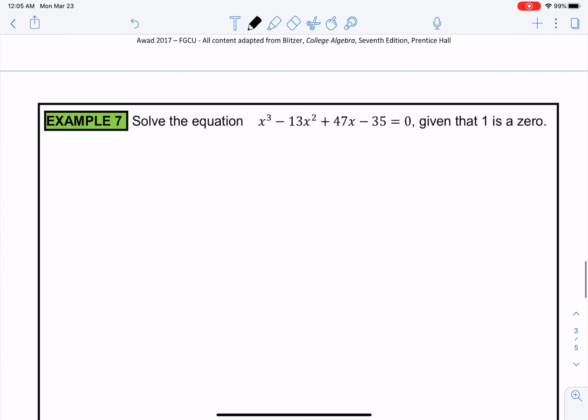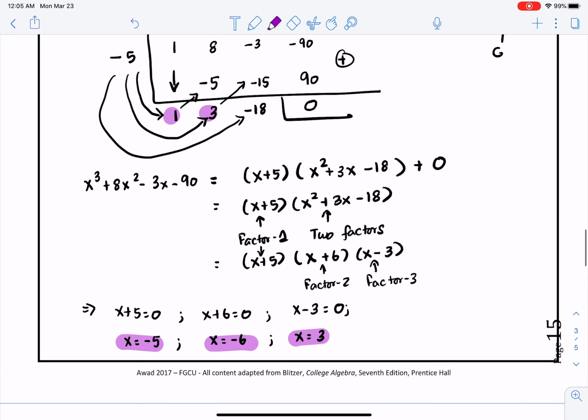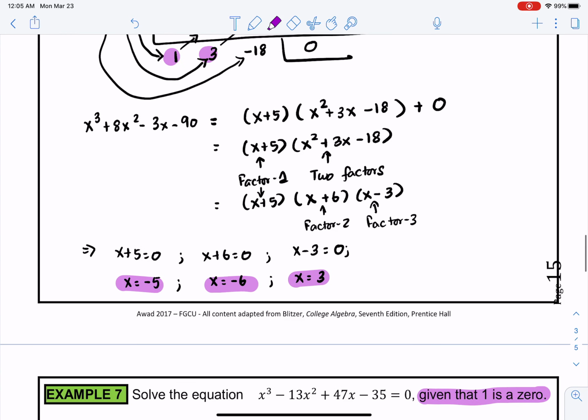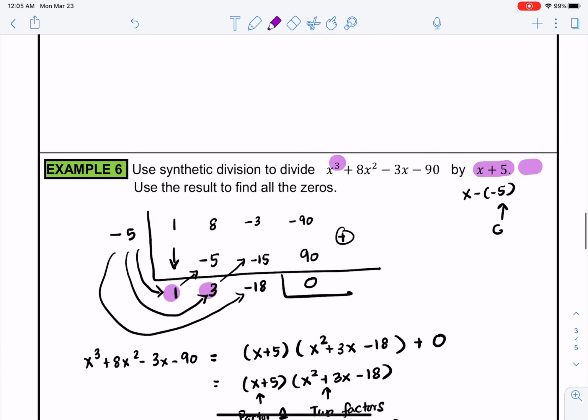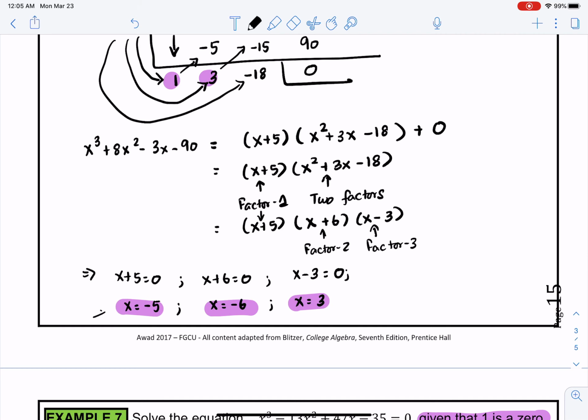So here it is given that 1 is a zero. If we go back to the previous problem, we divide by x plus 5, and the zero happens to be negative 5. So x plus 5 here, the zero is negative 5.